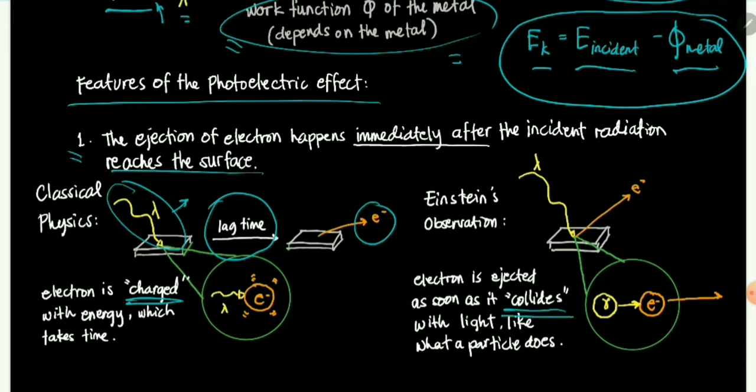Nag-collide yung light dun sa ating electron. Kaya siya tumalsik dun sa ating metal. So, collision will only happen if your light is a particle. Okay? So, since according to the experiments, wala tayong lag time or yung time required to charge the electron enough for it to expel or be ejected dun sa ating metal surface, the light may have acted like a particle.